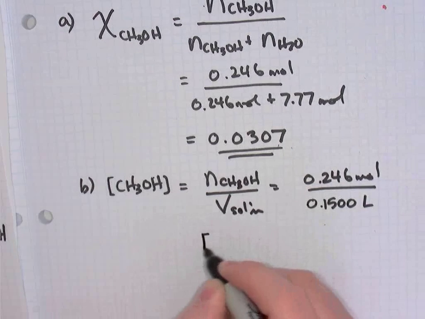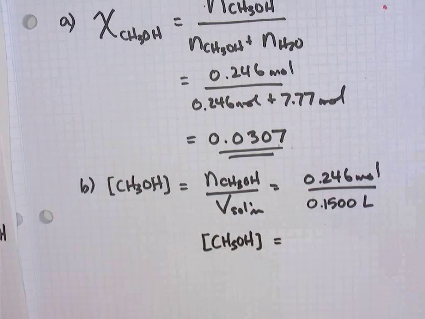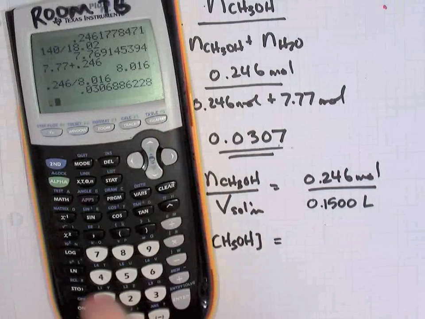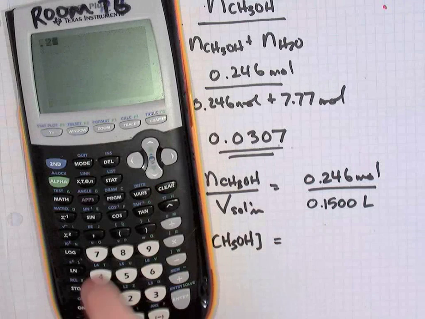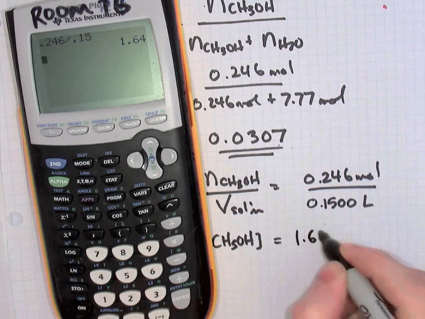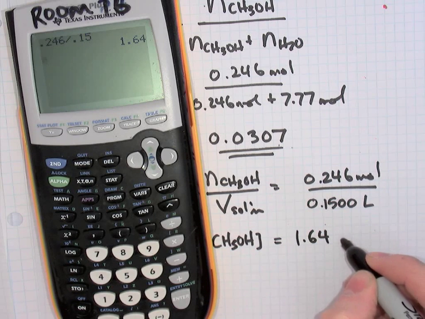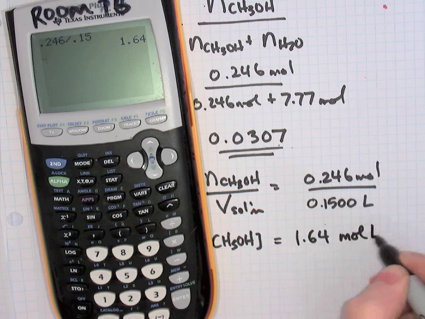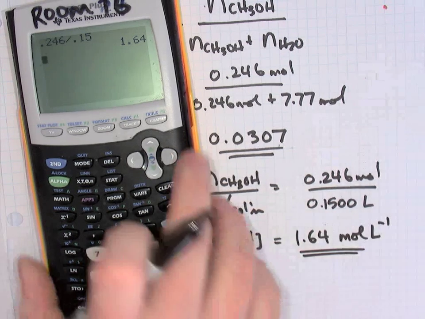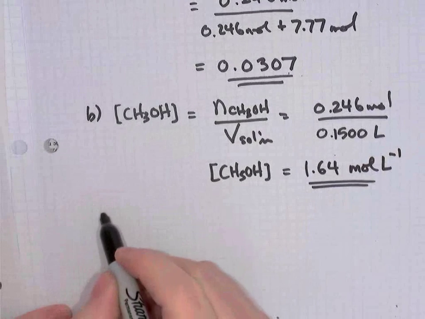So that means the concentration of the methanol is, keeping 3 significant digits in our answer, 1.64. And again, you could either say capital M for molarity or moles per liter. So there's 2 concentrations done.